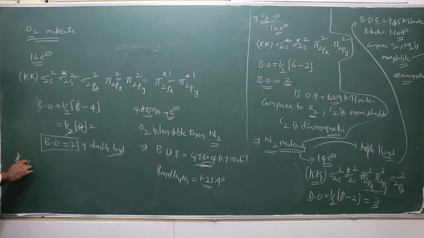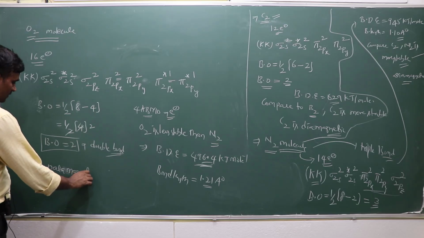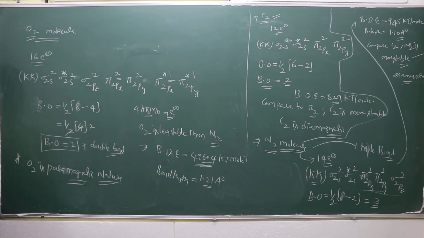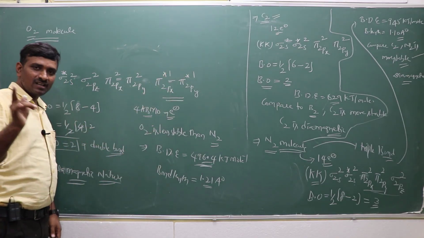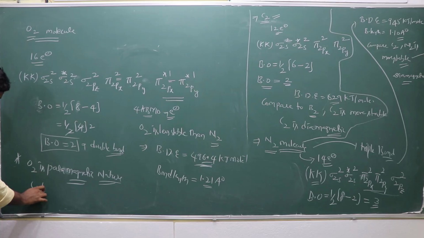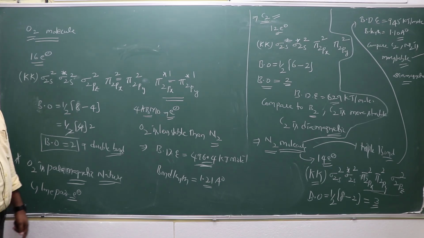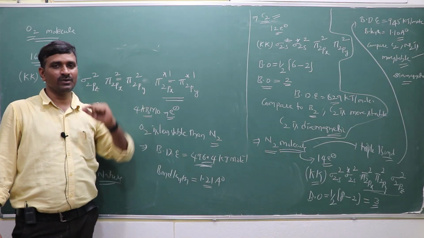the important point is that this O2 is paramagnetic in nature. Why? Because one electron is there, unpaired. So an unpaired electron is available in pi 2px1 and pi 2py1, not pairing.